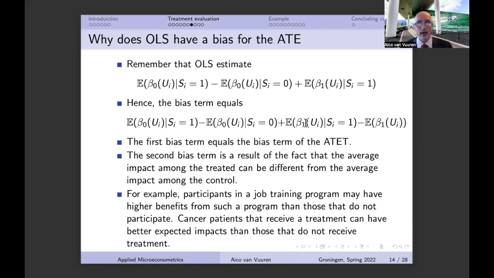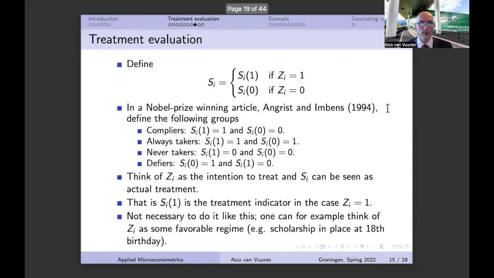It's very bad to have chemotherapy. So at the moment that the returns are not that high, then generally you're not going to receive such a treatment. But that means that the individuals that receive a treatment generally have a higher return than the individuals that do not receive a treatment, and therefore we're going to get this additional bias.